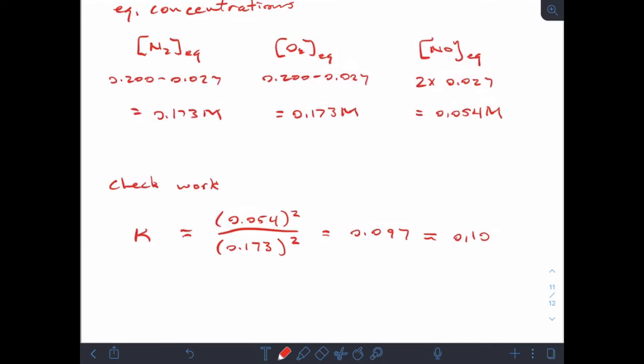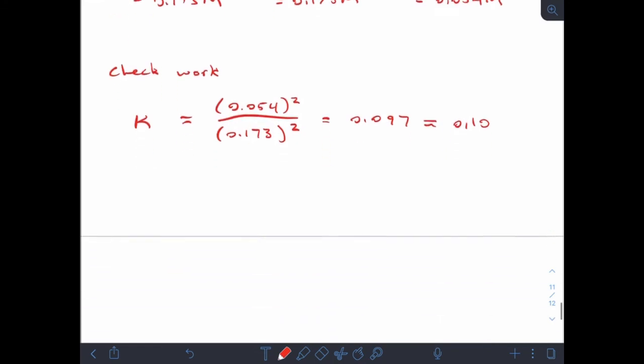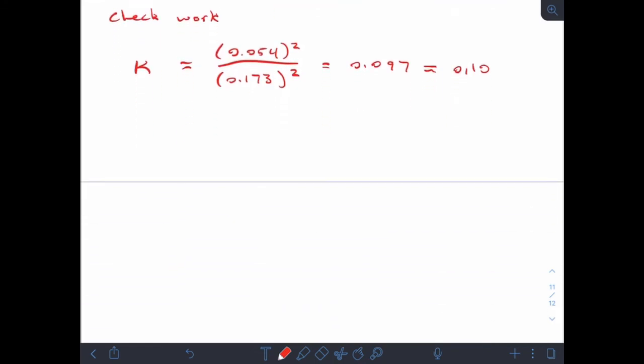Now, there are times when you can simplify your math. This is another way to avoid using the quadratic equation, and it's an approximation.